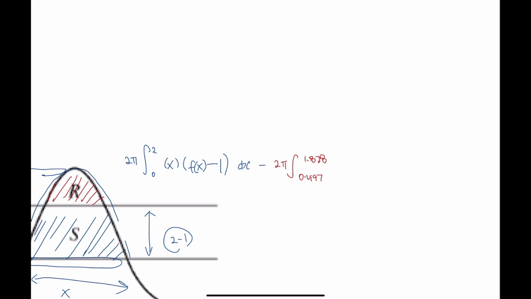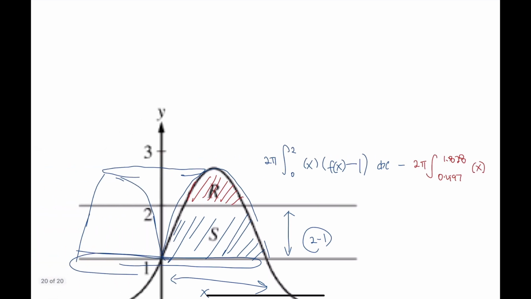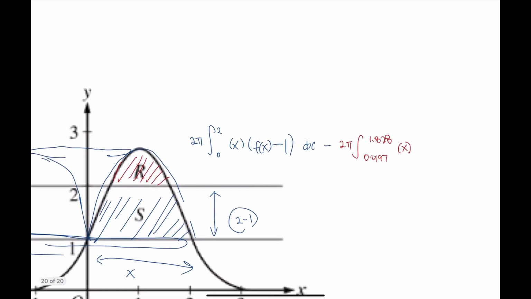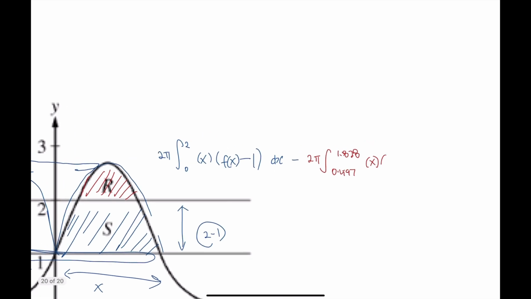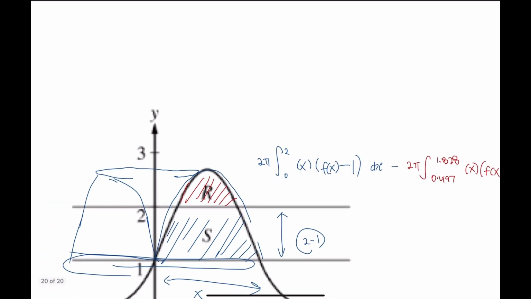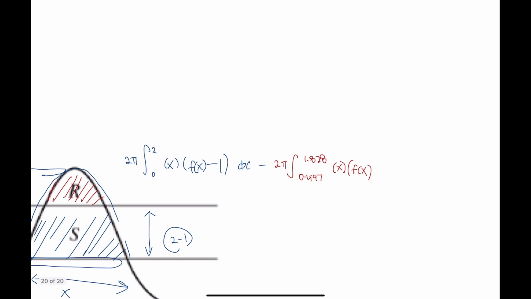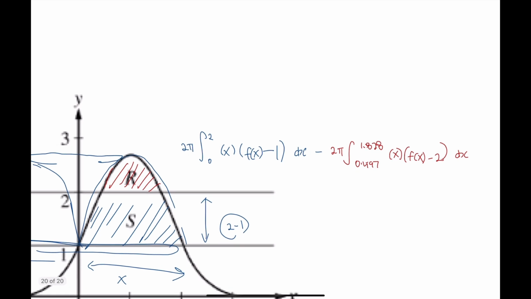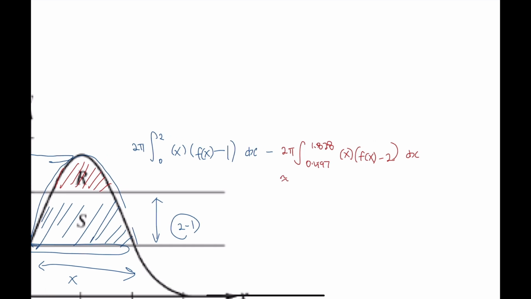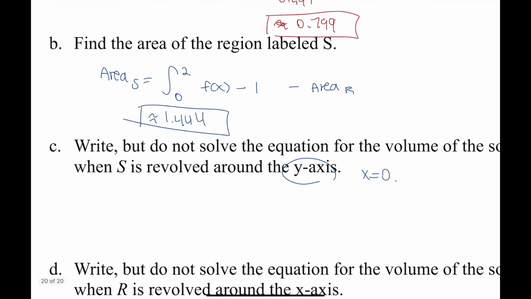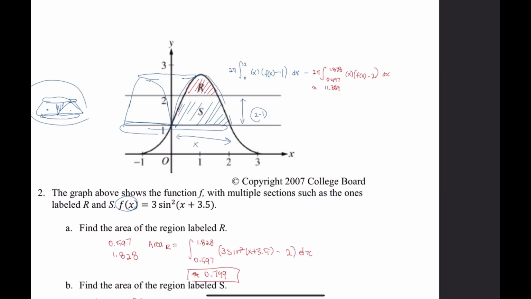And then from here, we're going to do x again, because this is also an axis revolution, and then we have f of x minus 2, and then dx. If you plug this into the calculator, I think you should be getting an answer of around 11.382. So our answer would be 11.382.